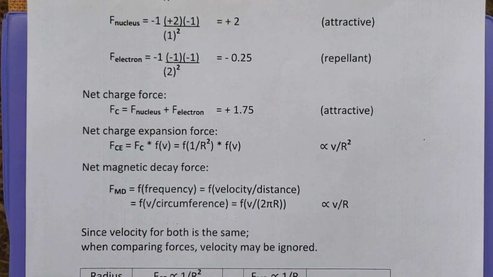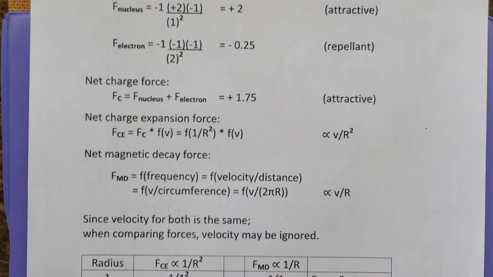The magnetic decay experienced is dependent on the frequency. Therefore, the net magnetic decay force is proportional to the velocity divided by the radius. Since we're doing a comparison of expansion versus decay, at any given instant the velocities would be the same, so it can be removed from the comparison.